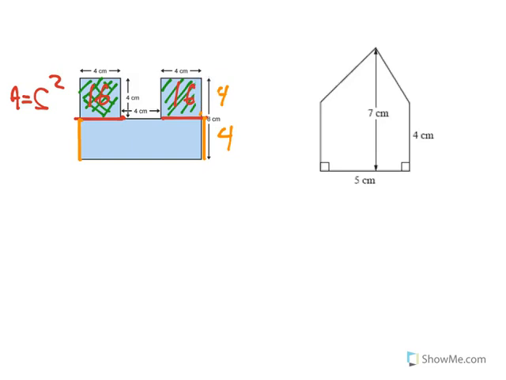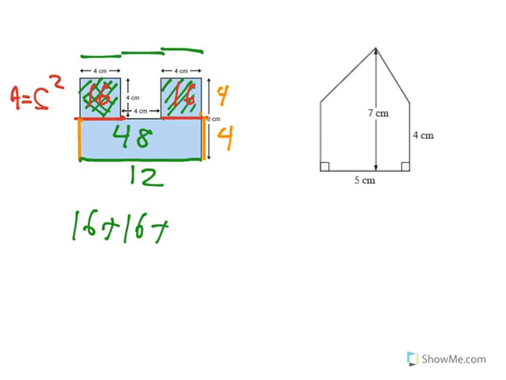So the length of this rectangle would be 4 plus 4 plus 4. That would be 12. So it would be 48. So the area of this whole shape would be 16 plus 16 plus 48. Okay, so we have our answer for that.